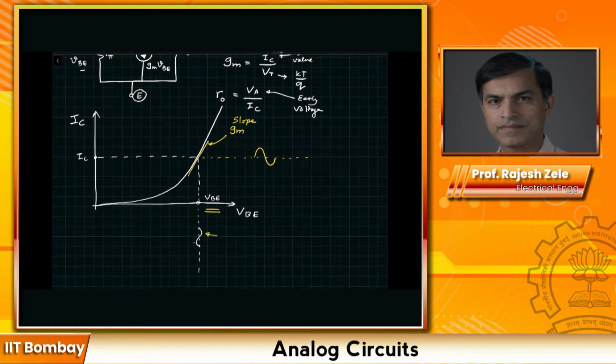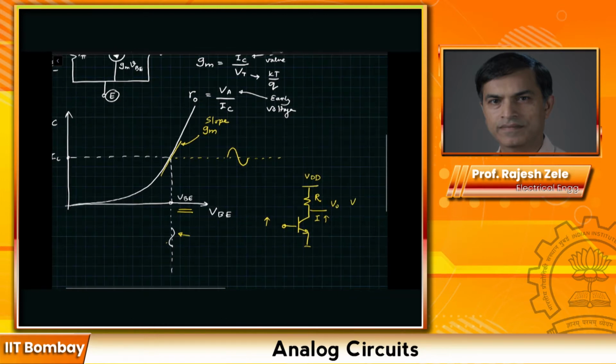The inversion we see is because of the resistor that we have over here at the collector, and this is your VDD. So if VBE goes up, then the collector current, IC, will go up. However, the output potential is equal to VDD minus IC times R. And that's the reason we are seeing the inversion.